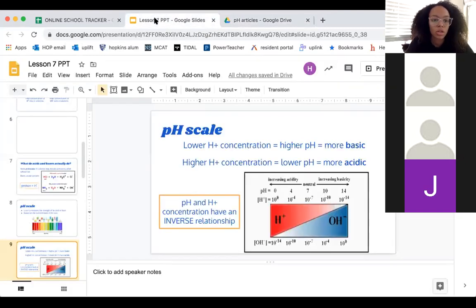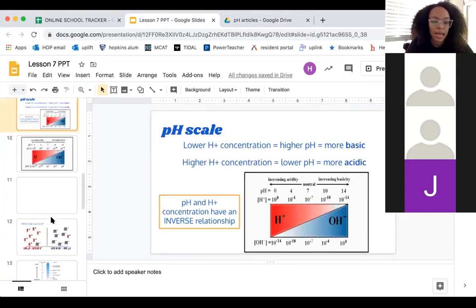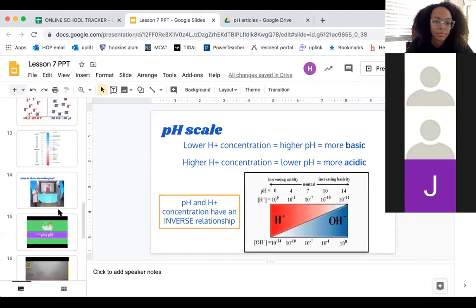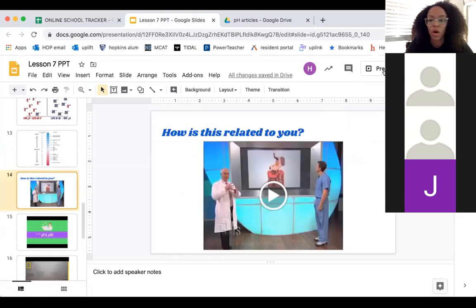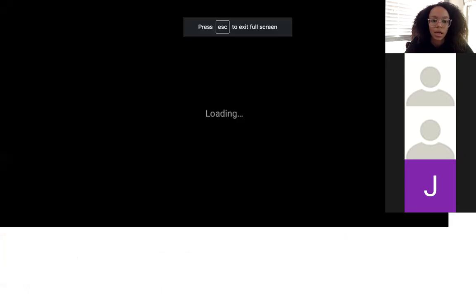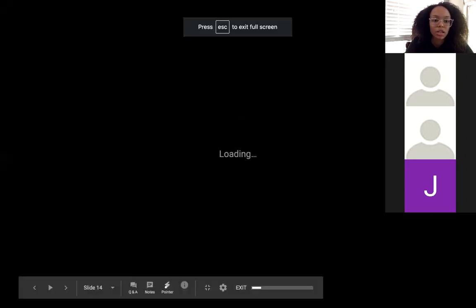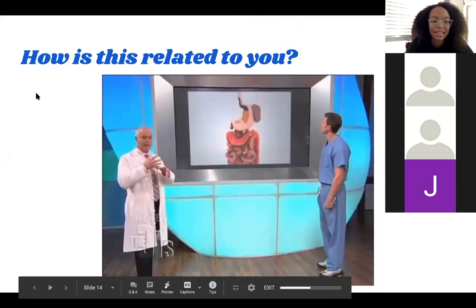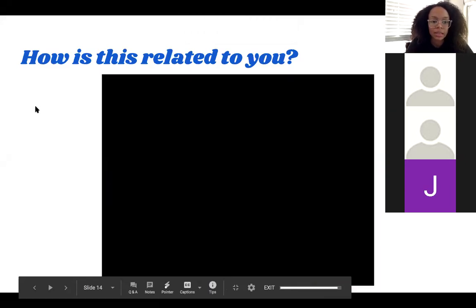But we will look today at a sneak preview of one way that pH impacts our bodies. Human bodies are very finely tuned machines, okay?